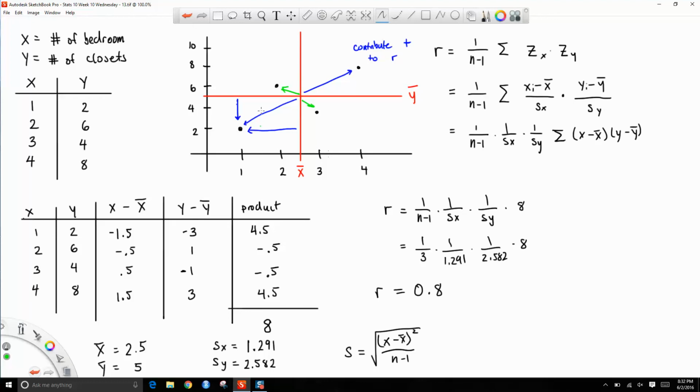So we can see that these ones contribute negative values to R. Negative 0.5 times 1 gives me a negative 0.5, and this one also gives me a negative 0.5. So these contribute in the negative direction. What we see is that the amount contributed towards the positive outweighs the amount contributed in the negative direction, and so the overall correlation will be positive here.